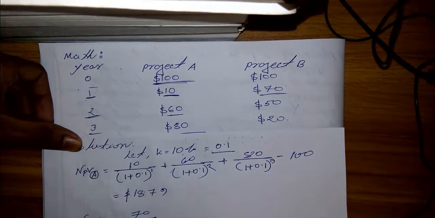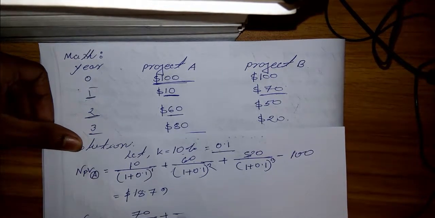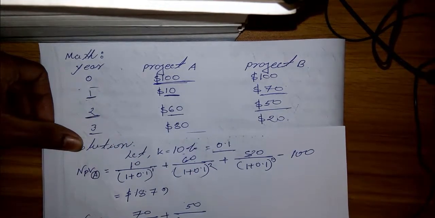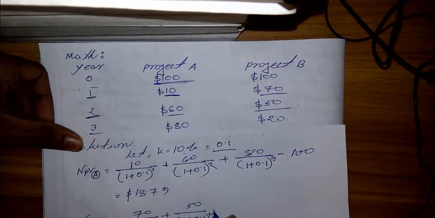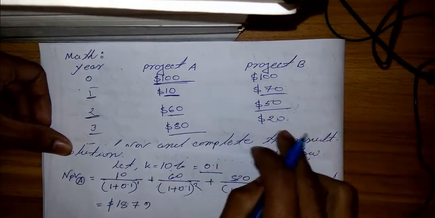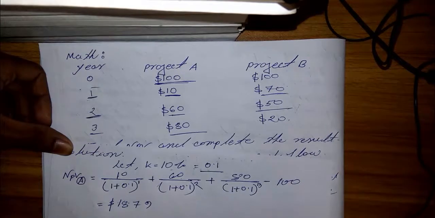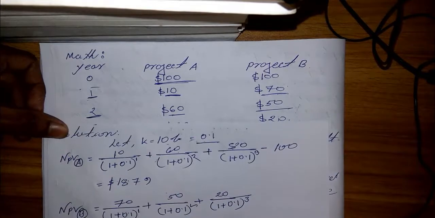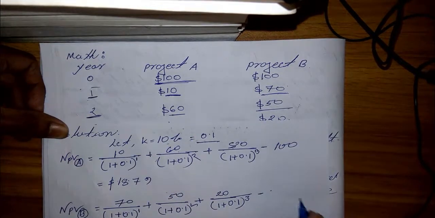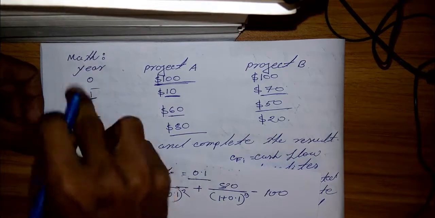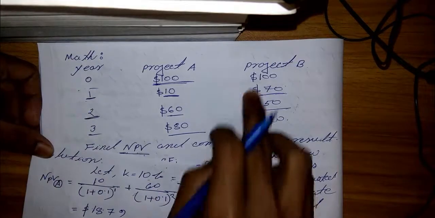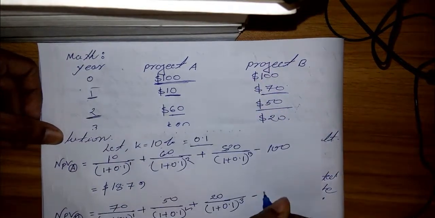So 17 over 1 plus 0.1, the year is 1, plus next is 50 when the year is 2, so 50 over 1 plus 0.1 to the power 2, plus, and next is 20 when the year is 3, the power is then 3, minus C naught, that means the initial year cash, the value of C naught is 100, okay, minus 100.